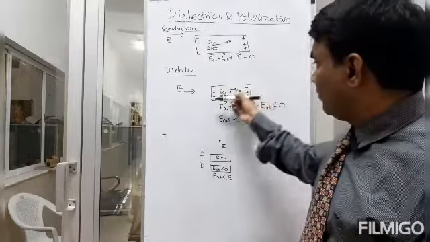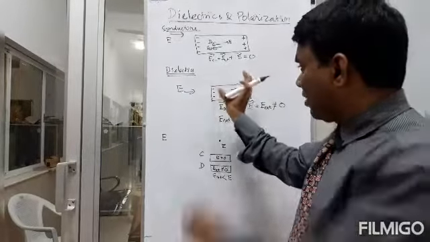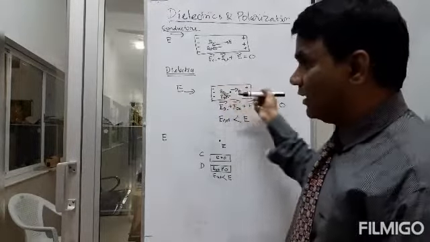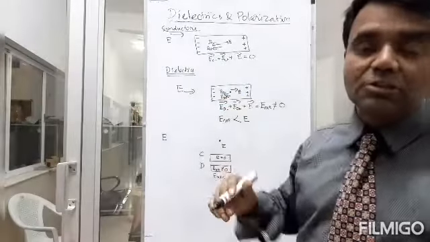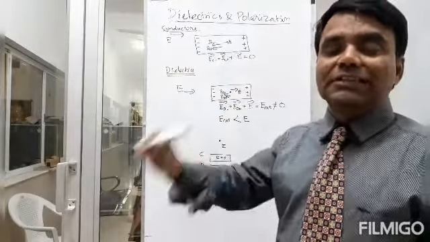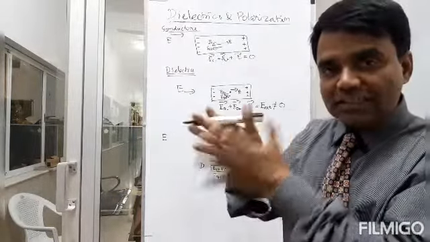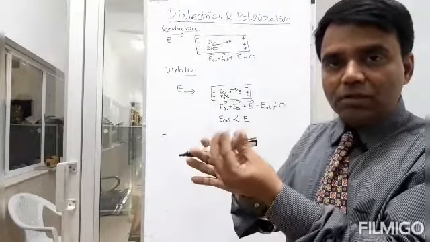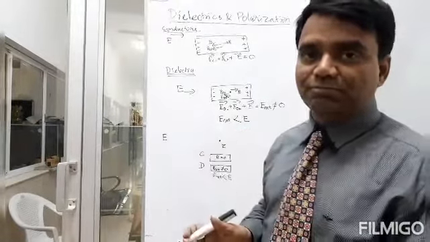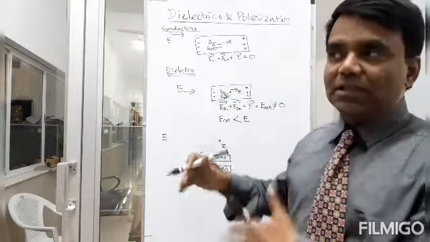So because of this charge separation, the material sets up its own field, but that field is acting in the direction opposite to the direction of the external field. So the net field at that point is the vector sum of these two, which actually is a reduced value. Okay? I hope this is clear to you. And with that, we'll continue.